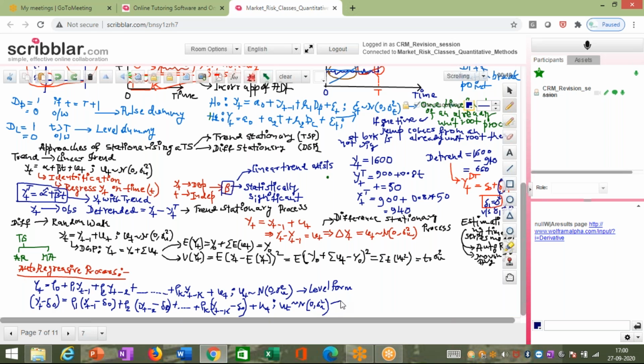Now this is the part which is the level form, right? In the level form, the next thing that comes with this is your deviation form.